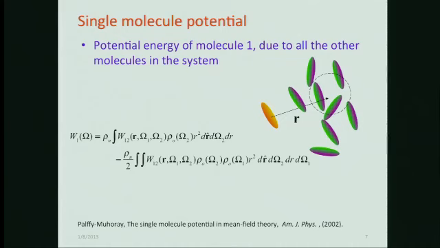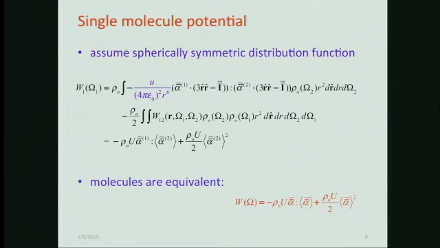In general, when people carry out the single particle potential, we always assume in Maier-Saupe theory a spherically symmetric distribution function, which means the bounds for the integration limits for r hat and r are independent.